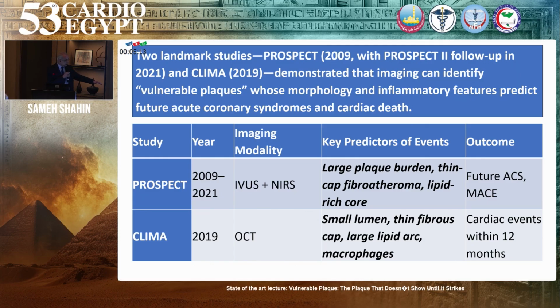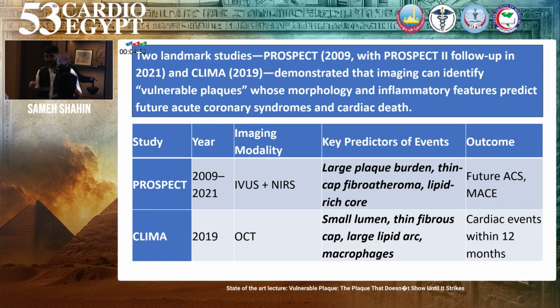The second trial is the CLIMA. It's a more recent trial, and they used the OCT. Again, the OCT has definite criteria: a small lumen, a thin fibrous cap, a large lipid arc, and the presence of macrophages as a sign of inflammation.